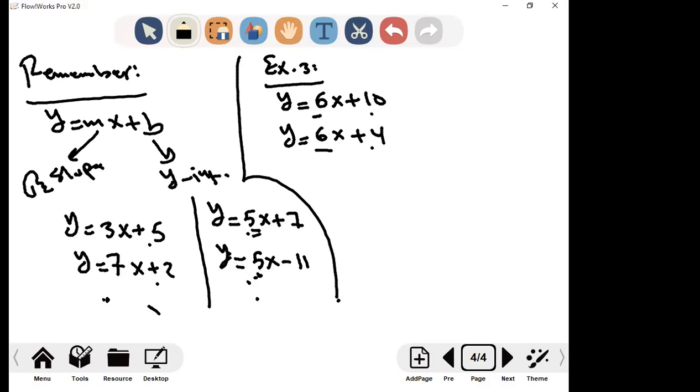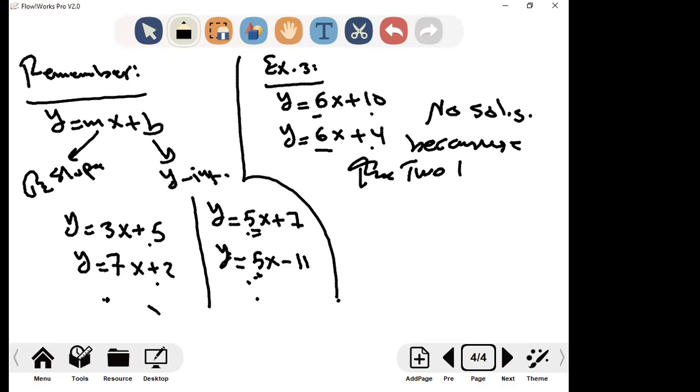Different y-intercepts means different lines, so different lines or parallel means there is no solutions, right? So here, no solutions. And if there is no solution, why? Because the two lines are parallel, right? But why are they parallel?